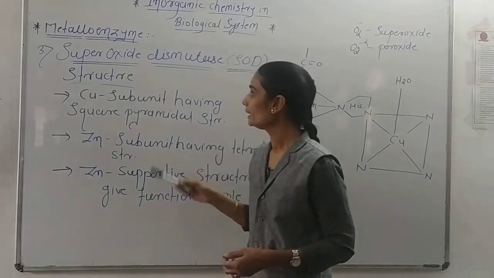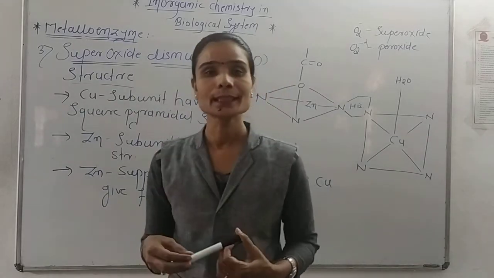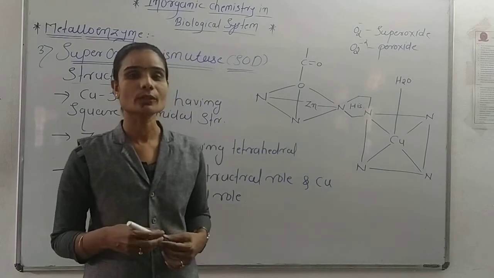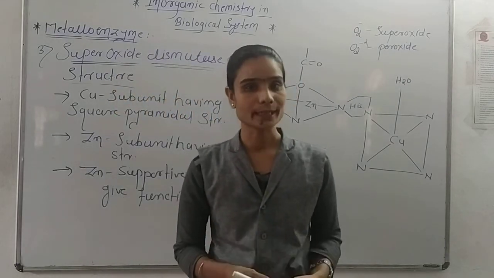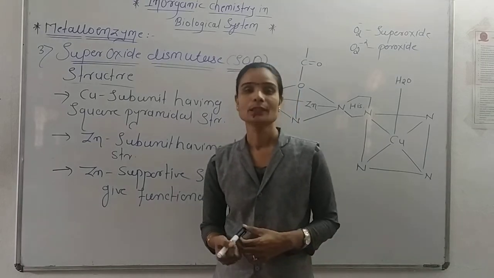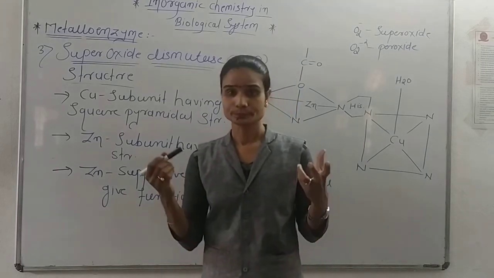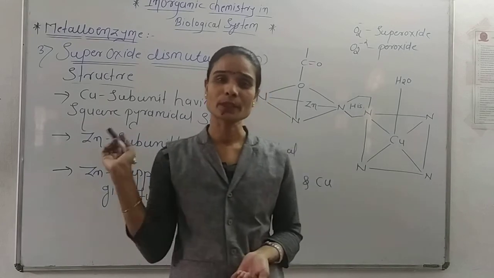So this is the third zinc metalloenzyme, superoxide dismutase, in which two metal atoms are present, copper and zinc, which also give the main function of superoxide dismutase.